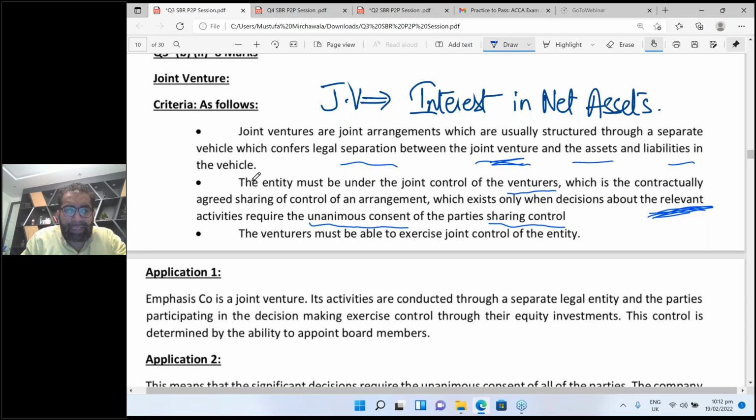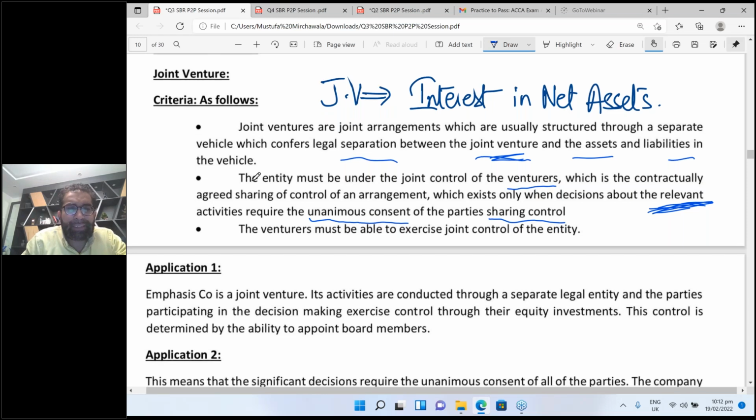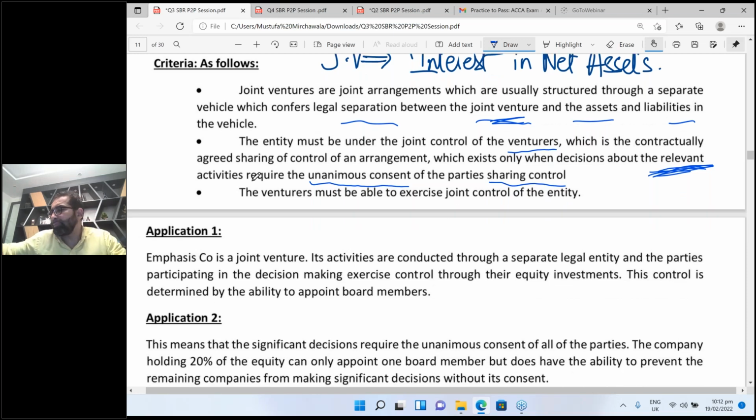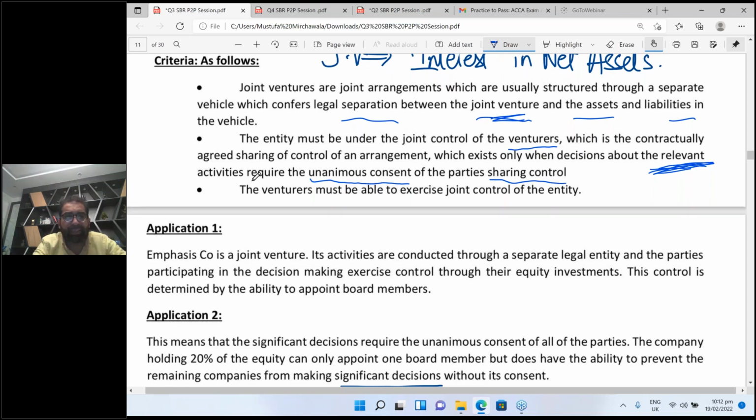Now let's simply do an application. I'm giving you just 30 seconds to read these three points again. Now, application number 1: the company is a joint venture.